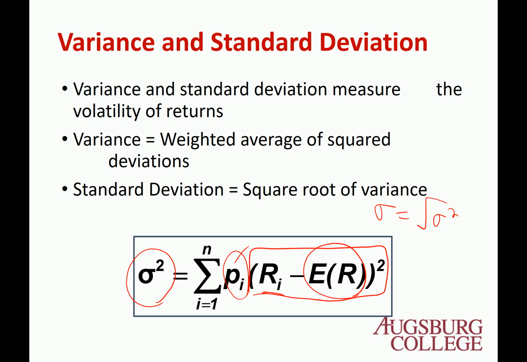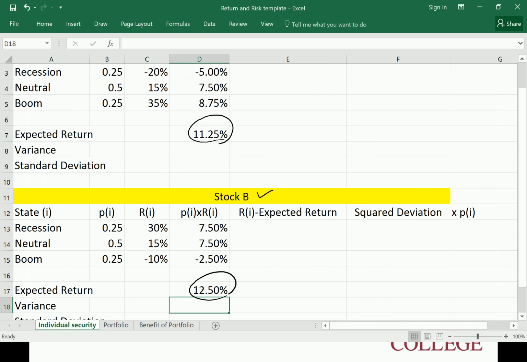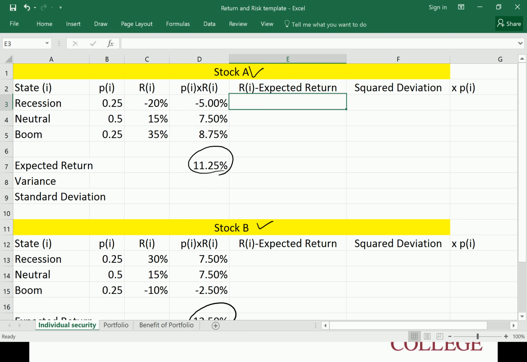So let's use Excel again to compute that. For A, the return in recession minus expected return, and also return in neutral minus expected return, and return in boom minus expected return will be the deviation from the mean, right?